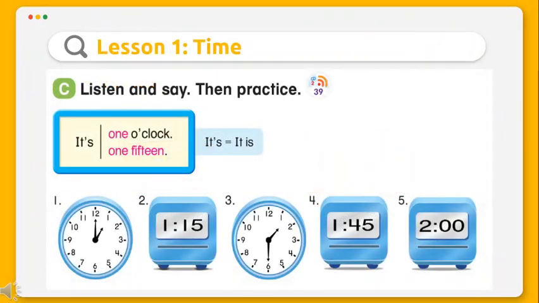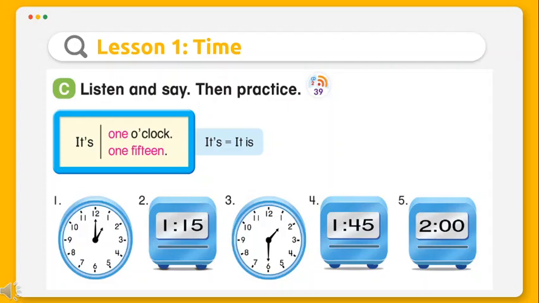Now, we're going to continue working with this, and here you have some examples of this. Page 65. C. Listen and say. Then practice. It's 1 o'clock. It's 1:15. It's.